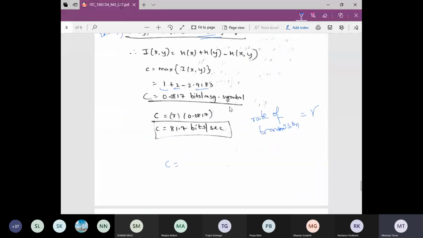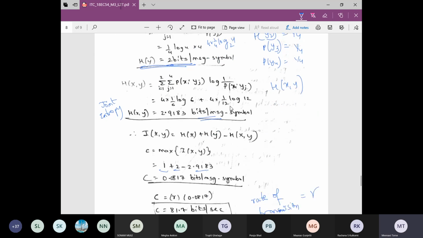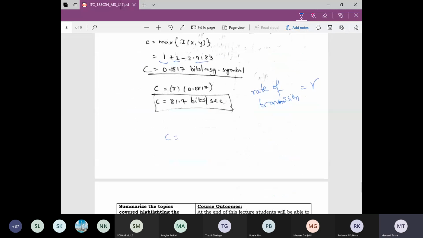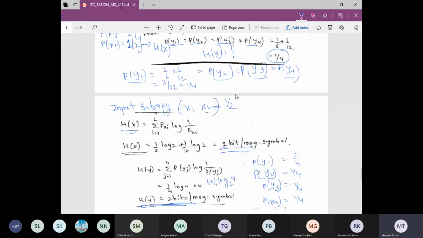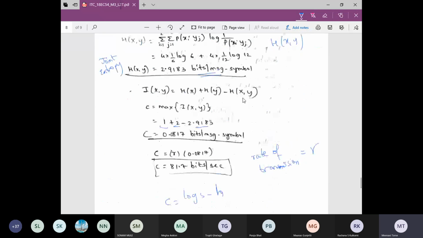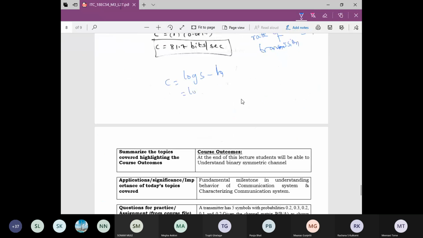Channel capacity C is given by log of S minus H. We have 4 output symbols, so log 4 to the base 2 minus H. How do we compute H?